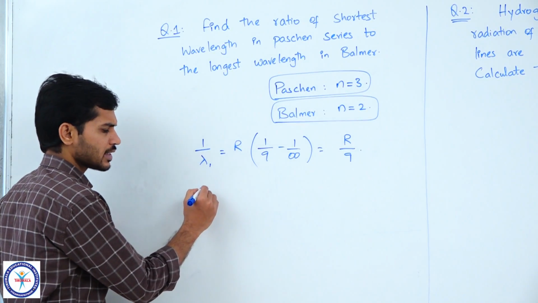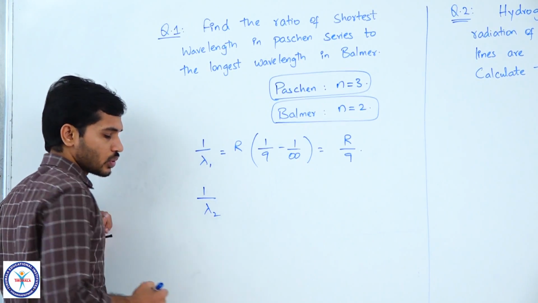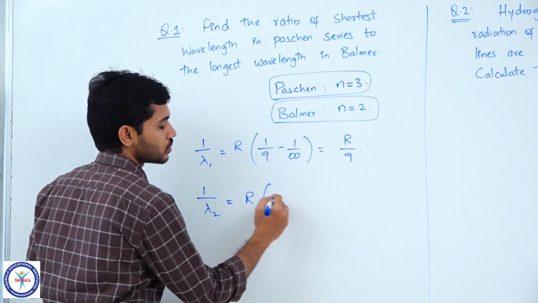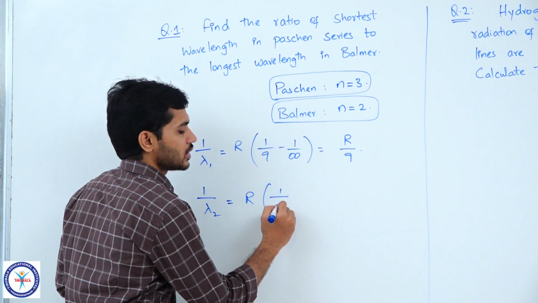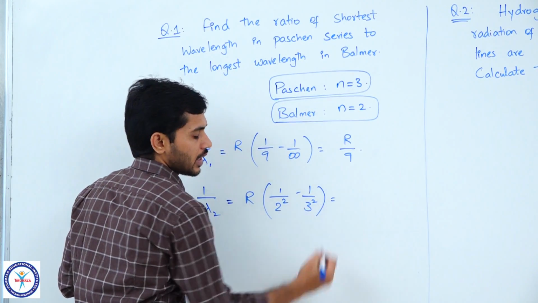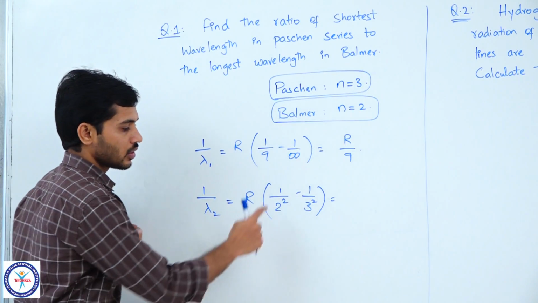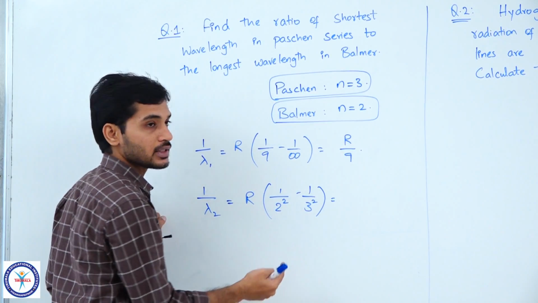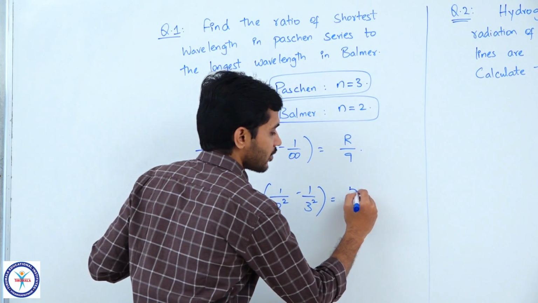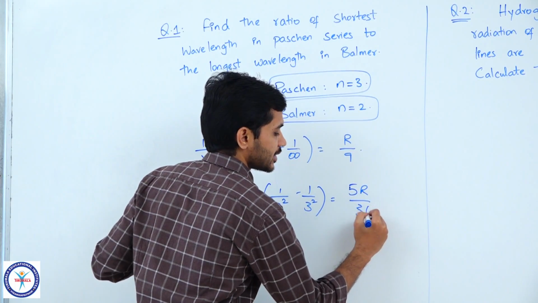If I consider that wavelength as lambda 2, I can write 1 by lambda 2 is equal to R into 1 by 2 square minus 1 by 3 square. Simplifying this, you get 1 by 4 minus 1 by 9, which is 5 by 36, so 5R by 36.